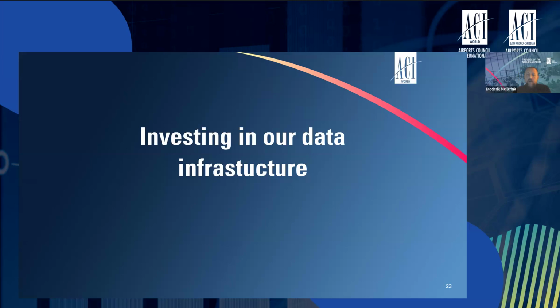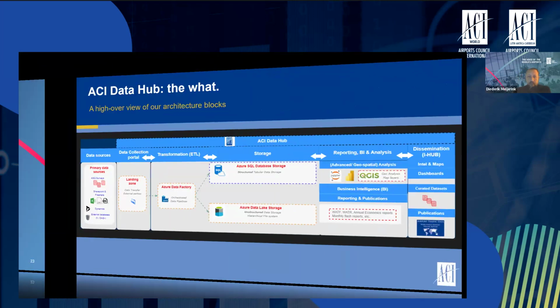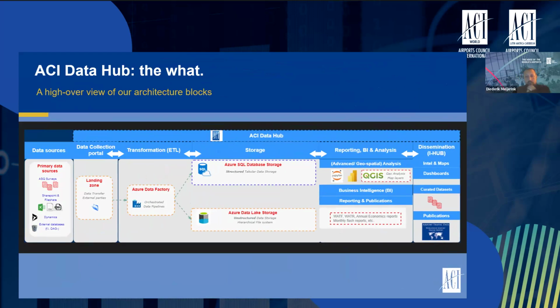Yeah, and now one slide on the infrastructure. So here there's a lot to digest on this screen. There's a lot going on, but I can keep it really simple. We're investing in an ACI data hub, as we call it, which is a cloud-based platform where we not only collect the data and we validate it, but we also automate much of the processes that we used to do manually.